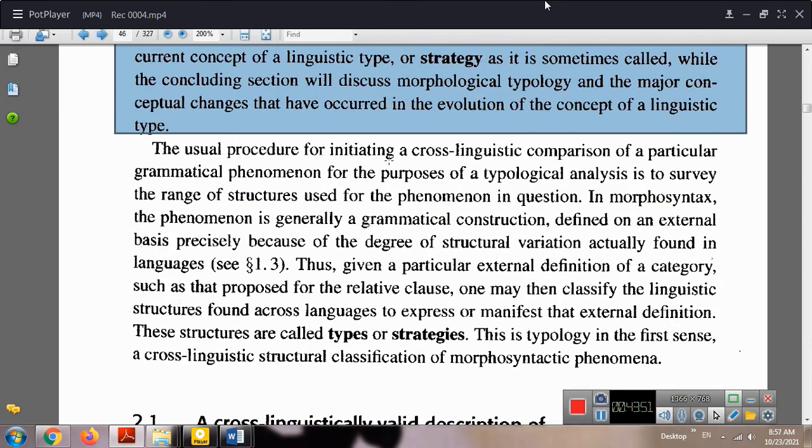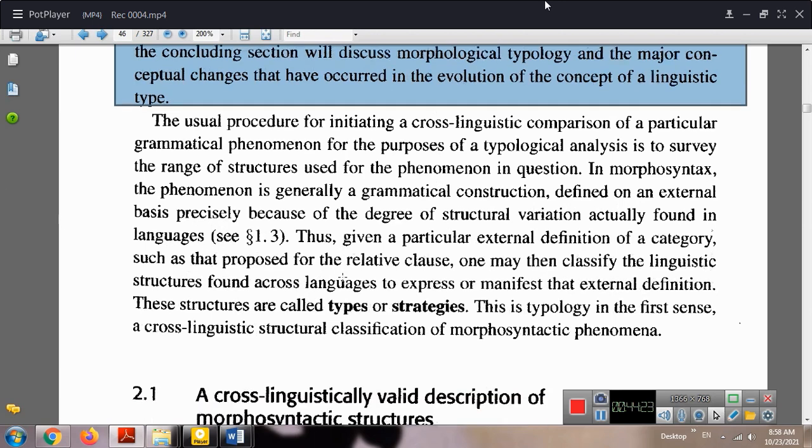The usual procedure for initiating a cross-linguistic comparison of a particular grammatical phenomenon for the purposes of a typological analysis is to survey the range of structures used for the phenomenon in question. In morphosyntax, the phenomenon is generally a grammatical construction defined on an external basis, precisely because of the degree of structural variation actually found in the languages.